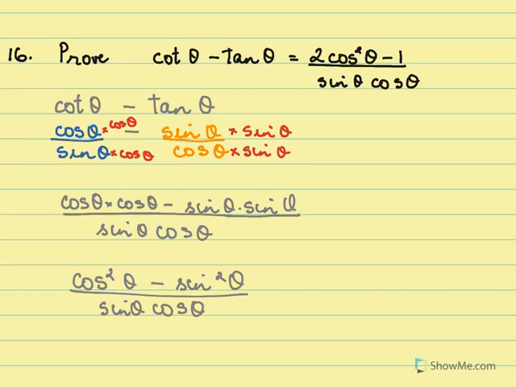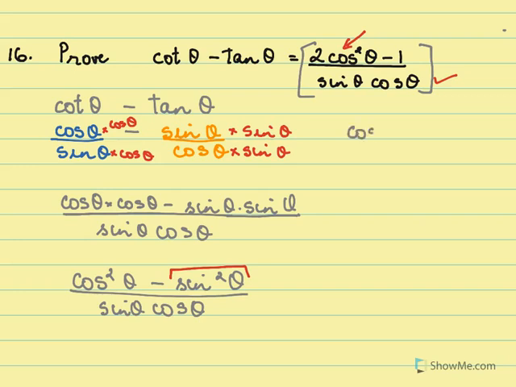At this point, just see where we need to go. We need to get this part. The denominator we have already got. Now the problem is the numerator, and if you observe the numerator here, there is only cos square theta, there is no sine square theta. So what I'm going to do, for this sine square theta, I'm going to put 1 minus cos square theta.